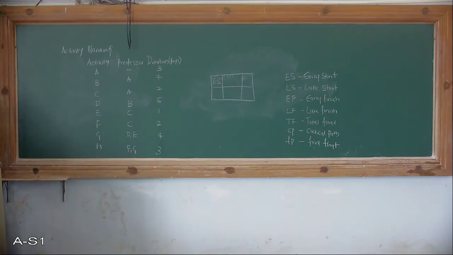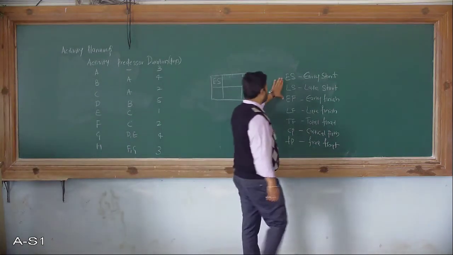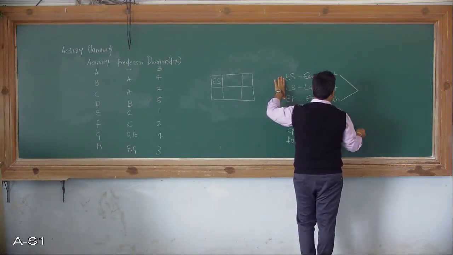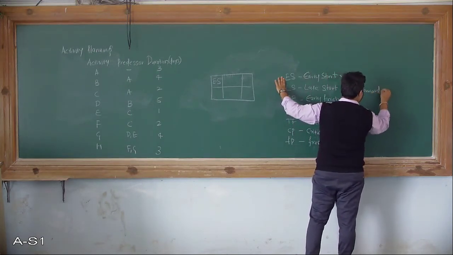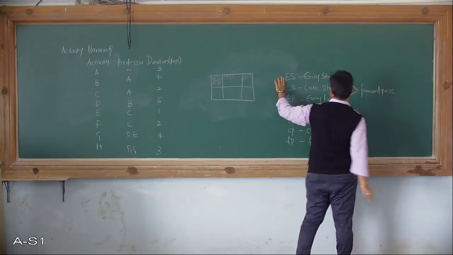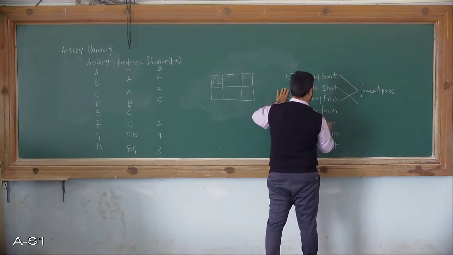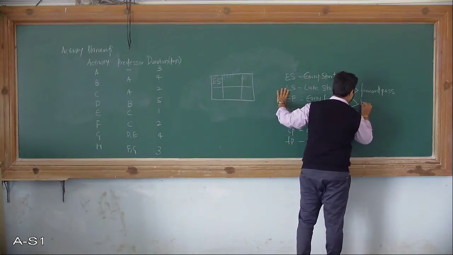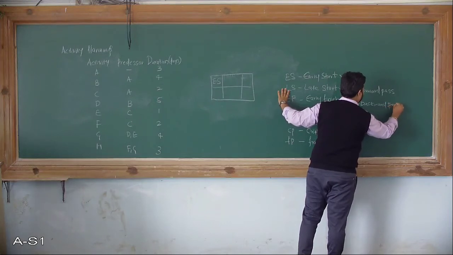Here initially we have discussed the forward pass and backward pass. To identify early start and early finish, we have to perform the forward pass on that particular activity. For late start and late finish, we need to perform the backward pass.